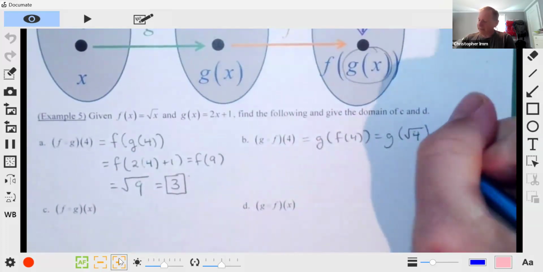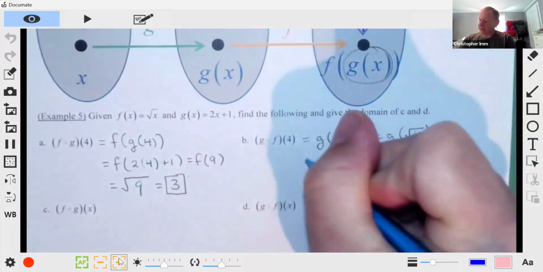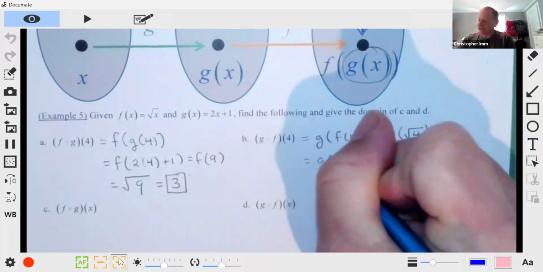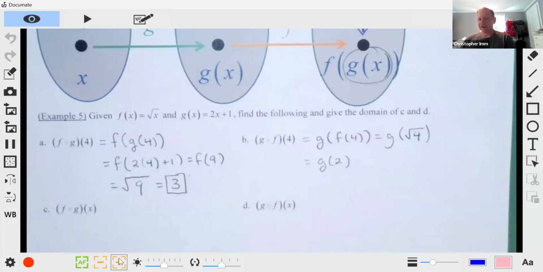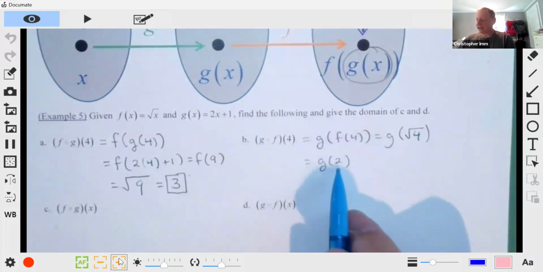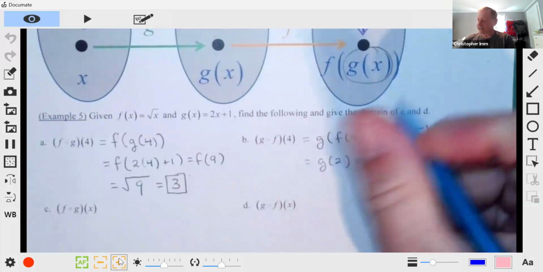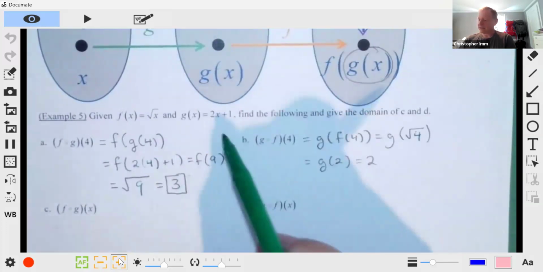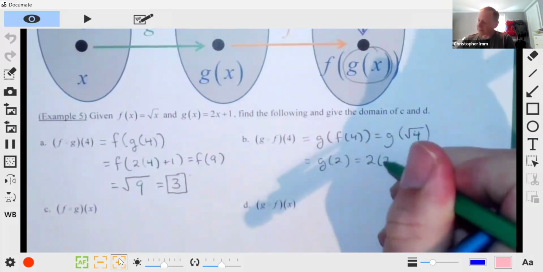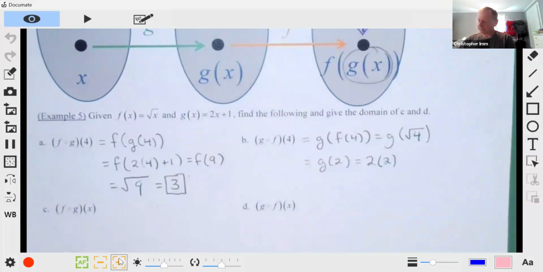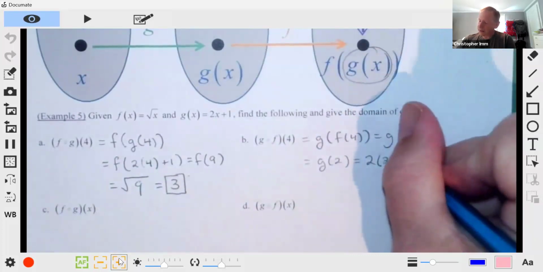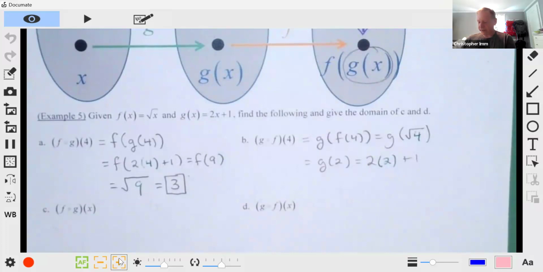We take the output of that square root, which is 2. That gives us g of 2, because the square root of 4 is 2. And then we go to the g function. This time the g is our outside function, and we plug in 2 wherever we see x. That'll give us 2 times 2 plus 1. That's 4 plus 1, or 5.